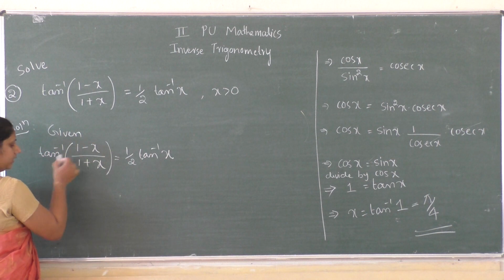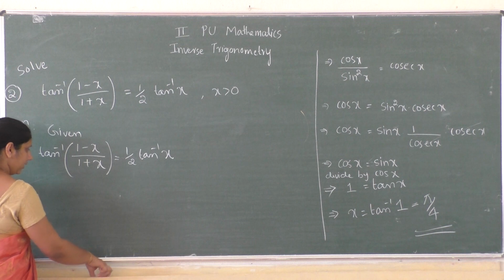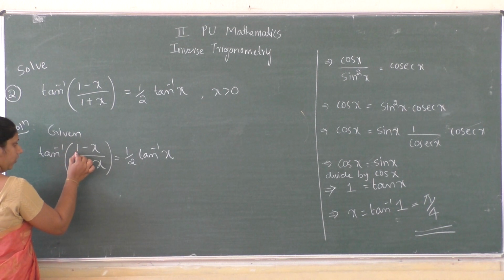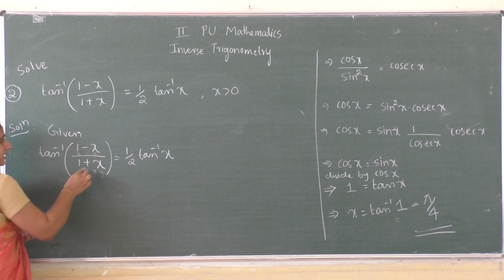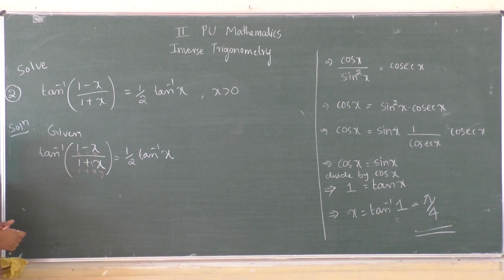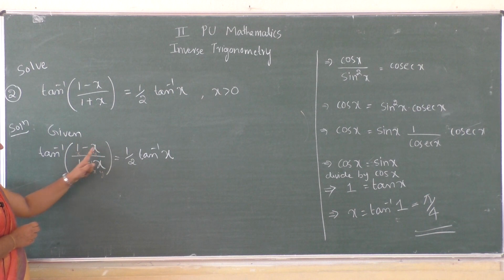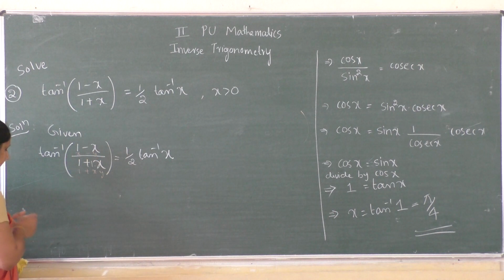See, here it is of the form tan inverse of (x minus y) by (1 plus xy). Here x can be written as 1 into x. Then it is of the form tan inverse of (x minus y) by (1 plus xy).